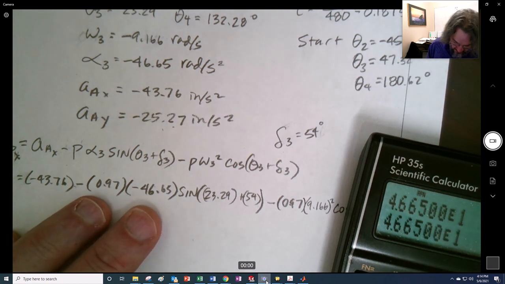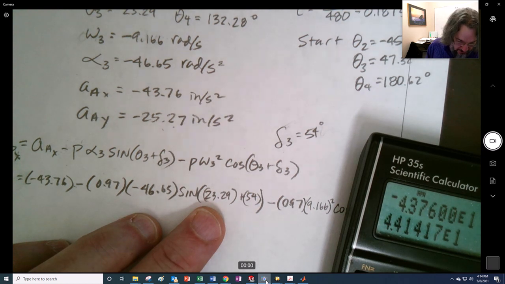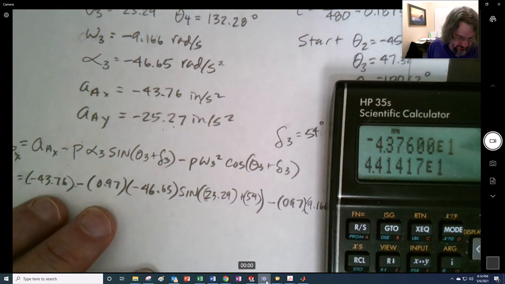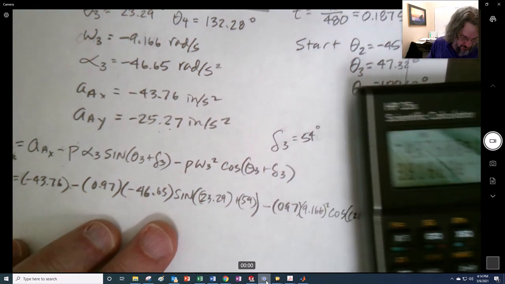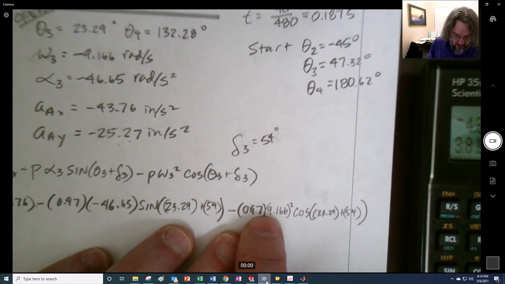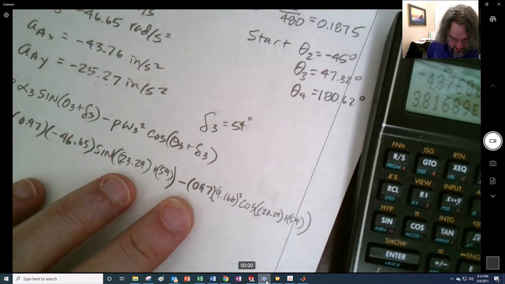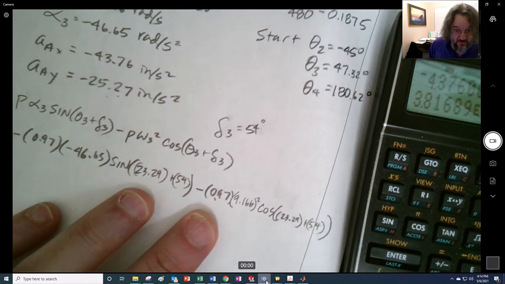So it's going to be eventually plus 0.97 times it, and 23.29 and 54, add them, take the sine, multiply it, and now we're going to add those together. They almost exactly kill each other off right there. So no, it's a little more positive. This one is going to be negative, so the whole thing will be negative.